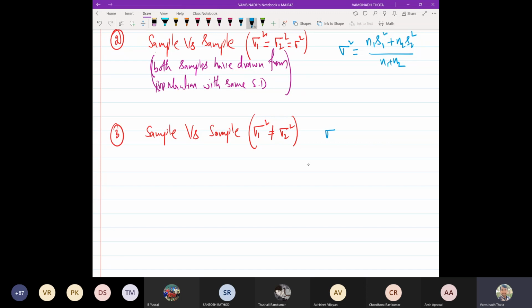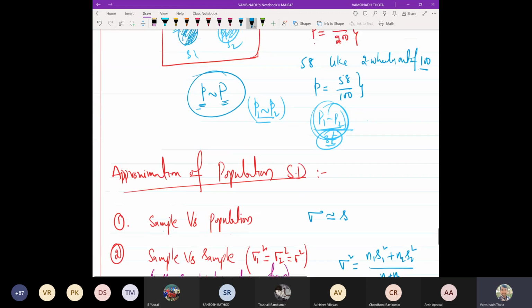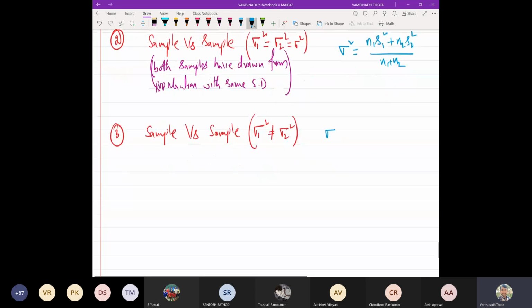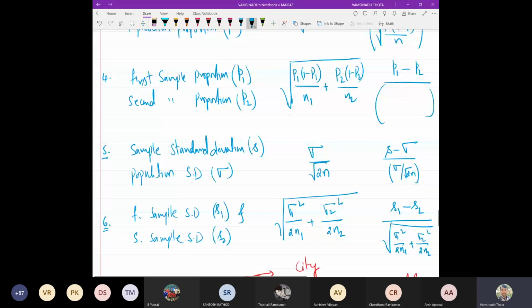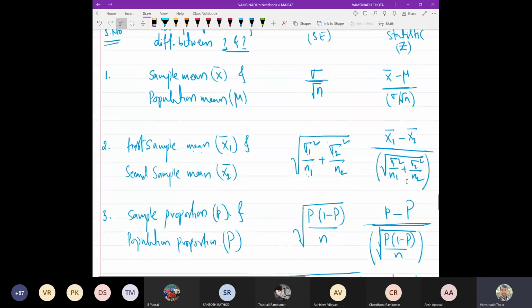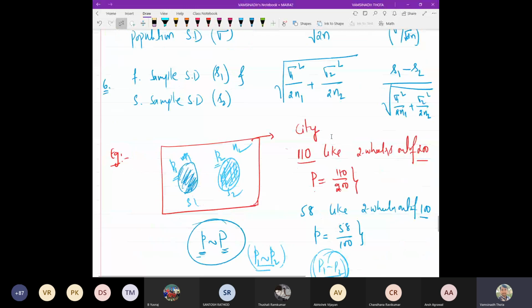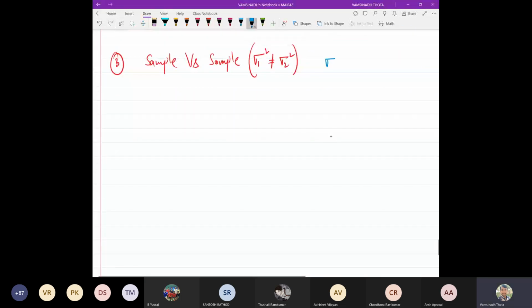Then sigma 1 square is approximated with s1 square and sigma 2 square is approximated with s2 square.